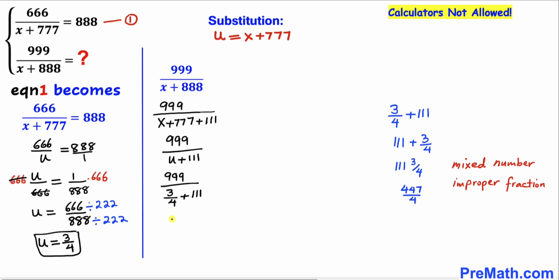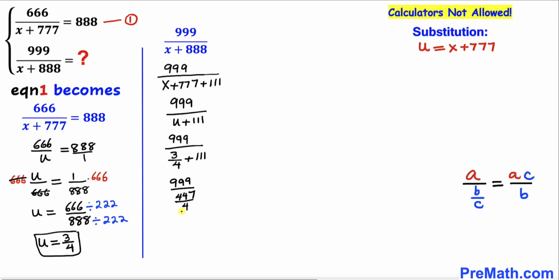Therefore I can write 999 divided by 447 divided by 4. And this fraction could be written as 4 times 999 divided by 447, by using this basic rule.